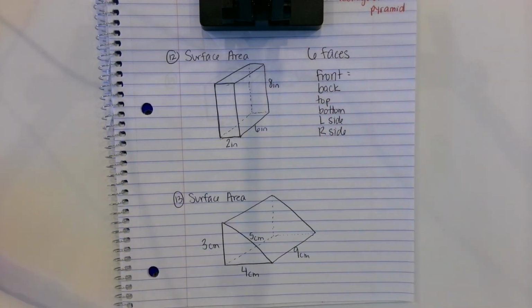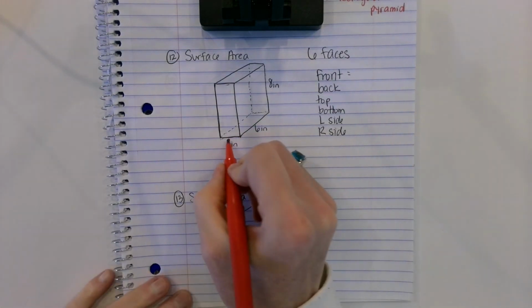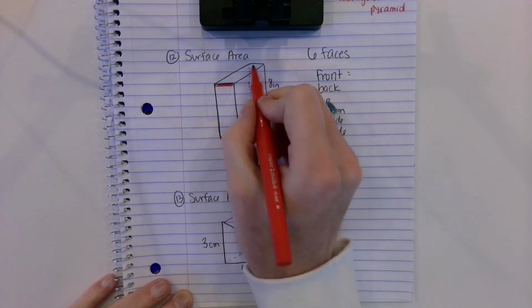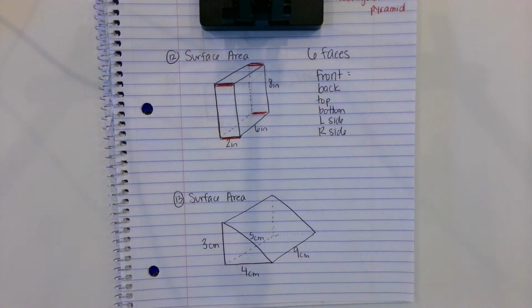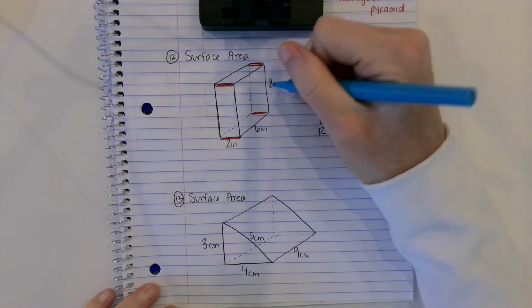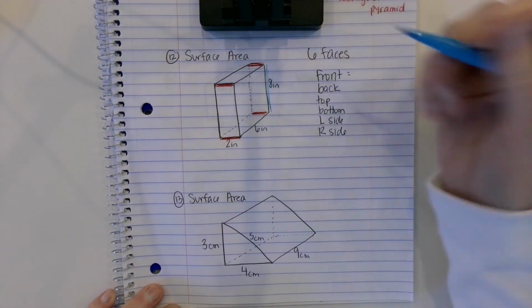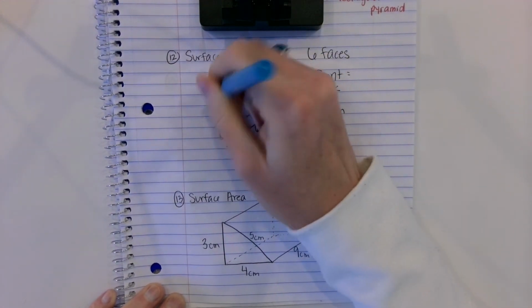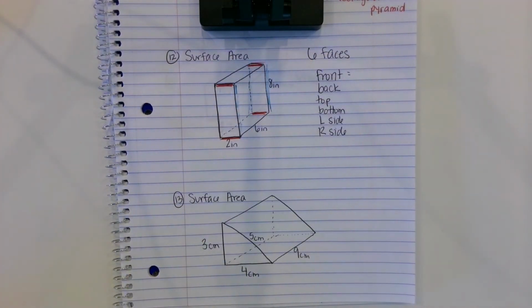Okay, so for the front, all of these lines that are like this are 2. So that's 2, that's 2, that's 2, and that's 2. All of the lines that are up and down like this are 8. That's 8. That one's 8. Oh, my blue's running out. This is 8. And that's 8.